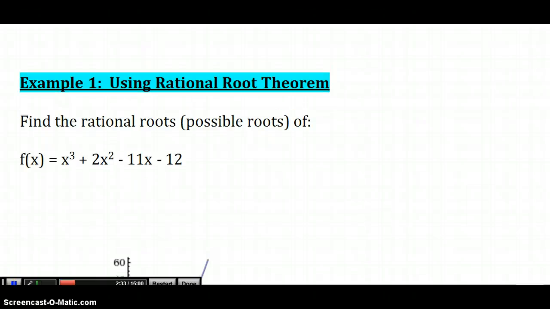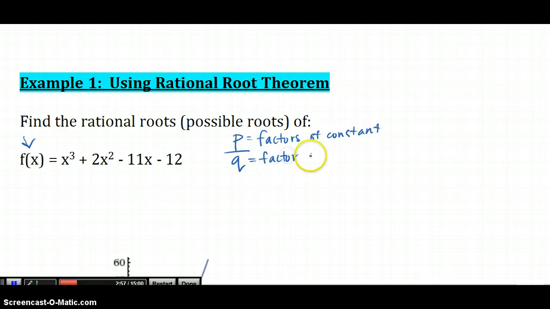Let's look at an example. Find all the rational roots, the possible roots, of this function right here. So what we're going to do is find p over q, and remember that p is the factors of the constant and q is the factors of the leading coefficient.